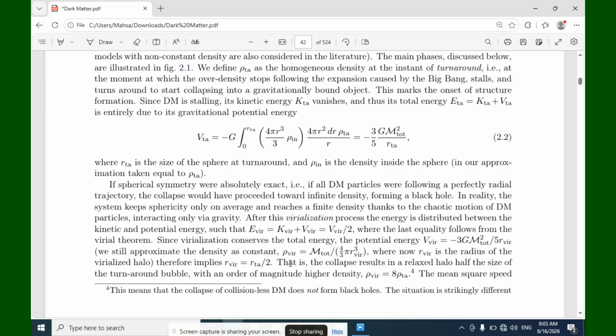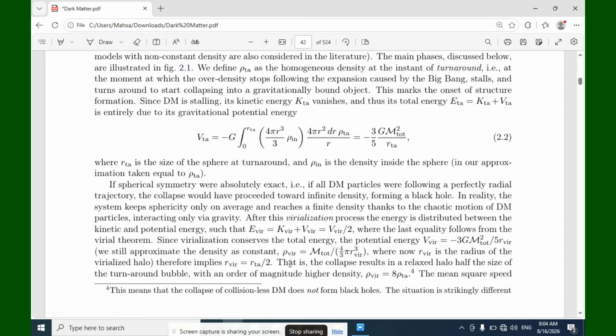If spherical symmetry were absolutely exact, for example, if all dark matter particles were following a perfect radial trajectory, the collapse would have proceeded toward infinite density, forming a black hole. In reality, the system keeps spherical symmetry only on average and reaches a finite density thanks to the chaotic motion of dark matter particles interacting only via gravity.